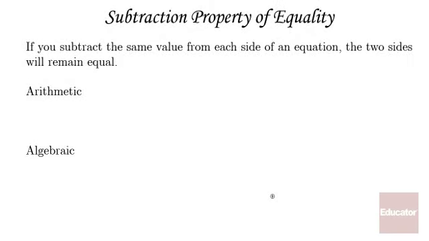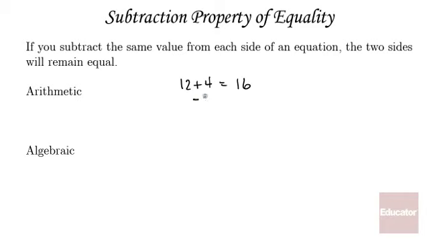Let's look at the subtraction property of equality. The subtraction property of equality tells us that if you subtract the same value from each side of an equation, the two sides will remain equal. So for example, if 12 plus 4 equals 16, I have a mathematical equation, and now let's subtract the same number from both sides.